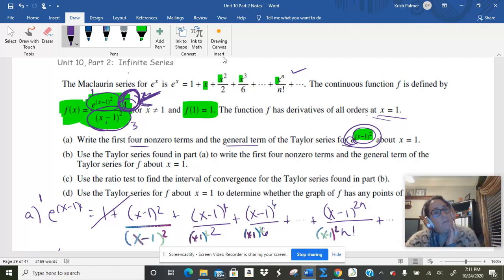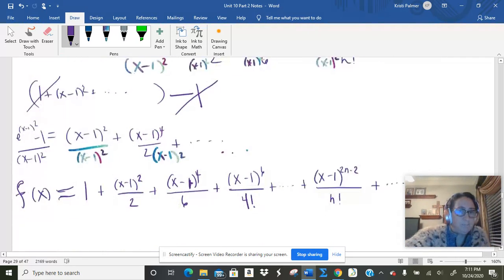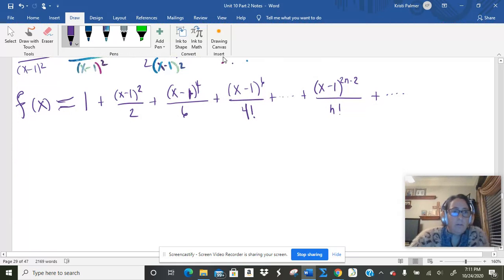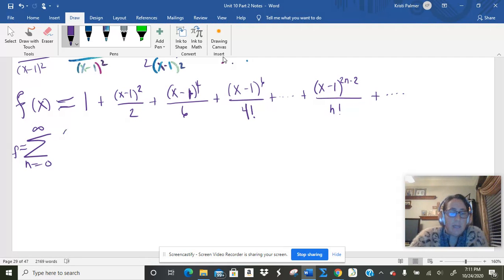Okay, here we go. What's the next one? C. Use the ratio test to find the interval of convergence for what we just had in B. So back here in B, we found that we were looking at this F, and we said it's this guy.